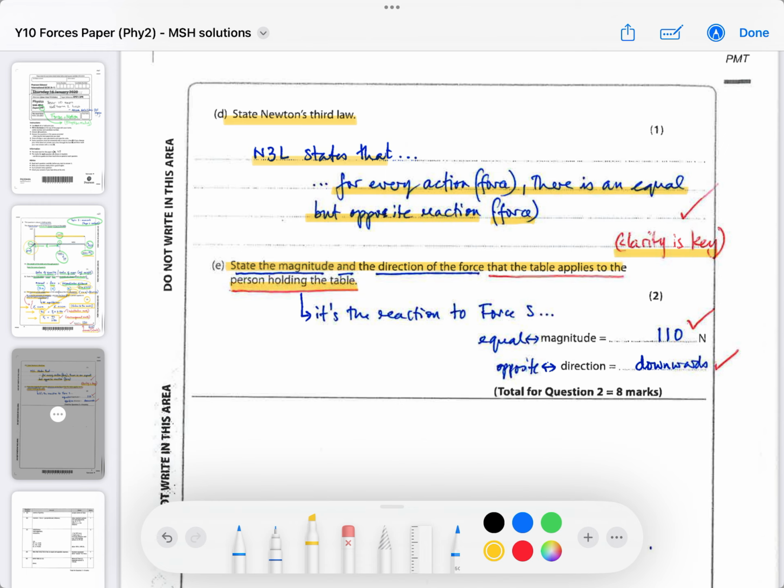So that's the reaction to force S. If the force S is upwards, then the reaction force must be equal in magnitude, so it must be the same as what we put in the last answer, which is 110 newtons, but opposite in direction, so it must be downwards. So this is how you answer questions on moments and forces.